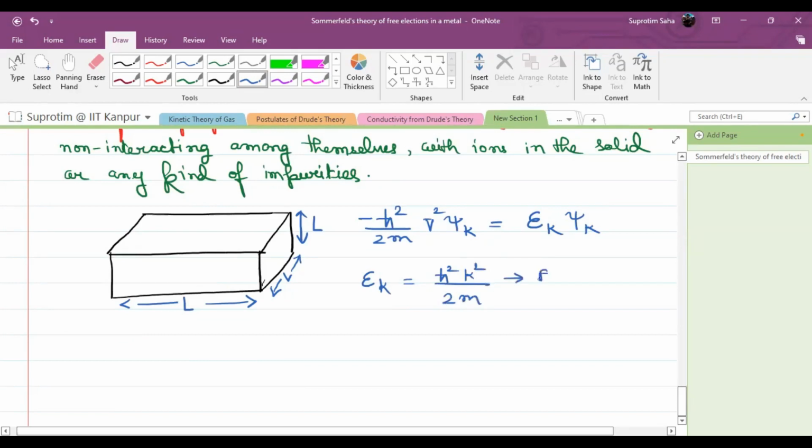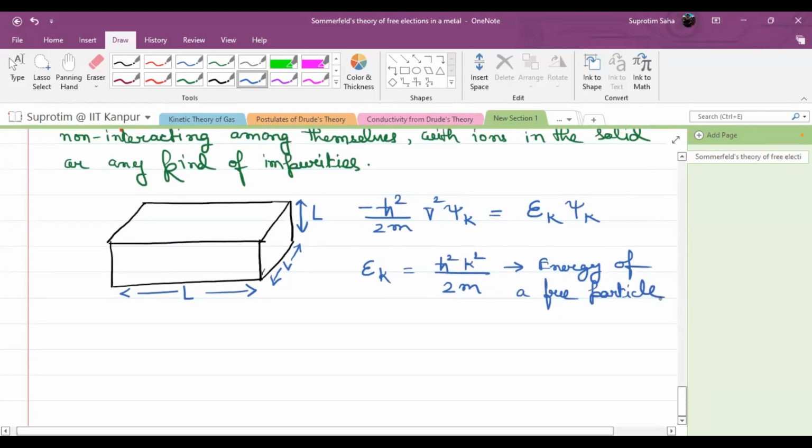This is the energy of a free particle. Slowly we are shifting from the classical picture to the quantum picture. Sommerfeld said to treat the electrons inside the solid as free and non-interacting. So the only way to visualize this picture is writing the Schrödinger equation for it and solving it, where epsilon k, the energy of the free particle, is ħ²k² over 2m.